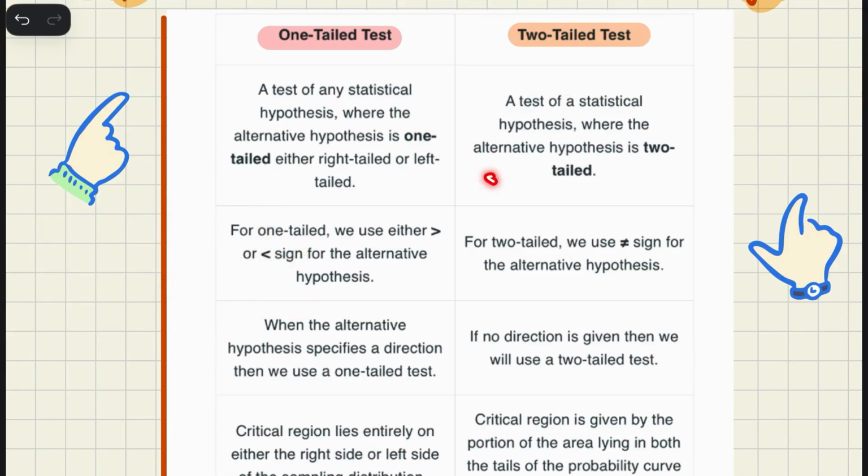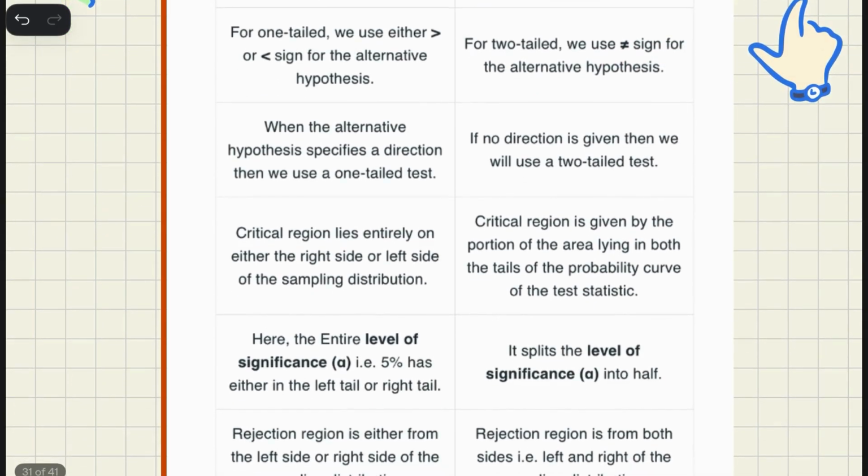But in a two-tailed test, the hypothesis is on both sides, so there is an and statement. For one-tailed, you use either the less than or greater than sign, and for two-tailed, we use the not equal to sign for the alternative hypothesis. When the alternative hypothesis specifies a direction, we use a one-tailed test, and when no direction is specified, we use a two-tailed test.